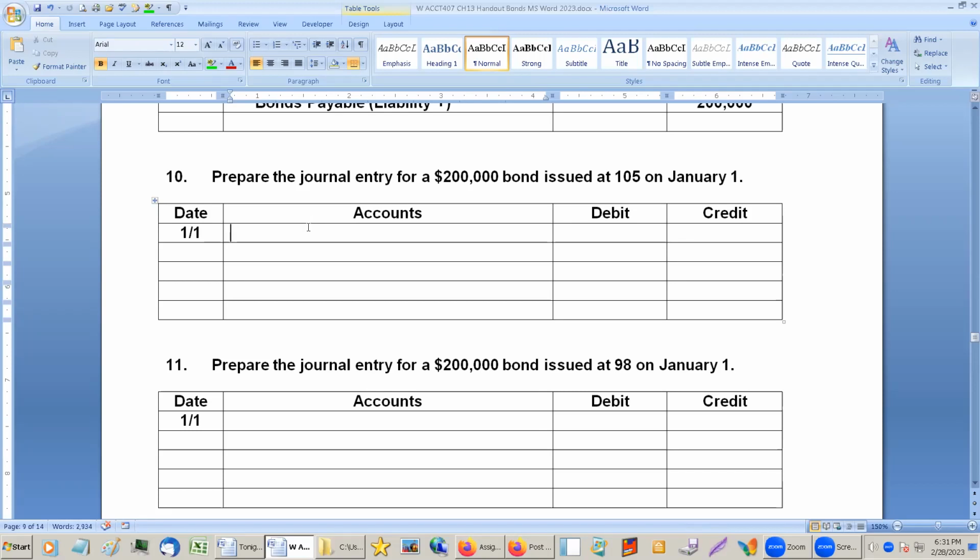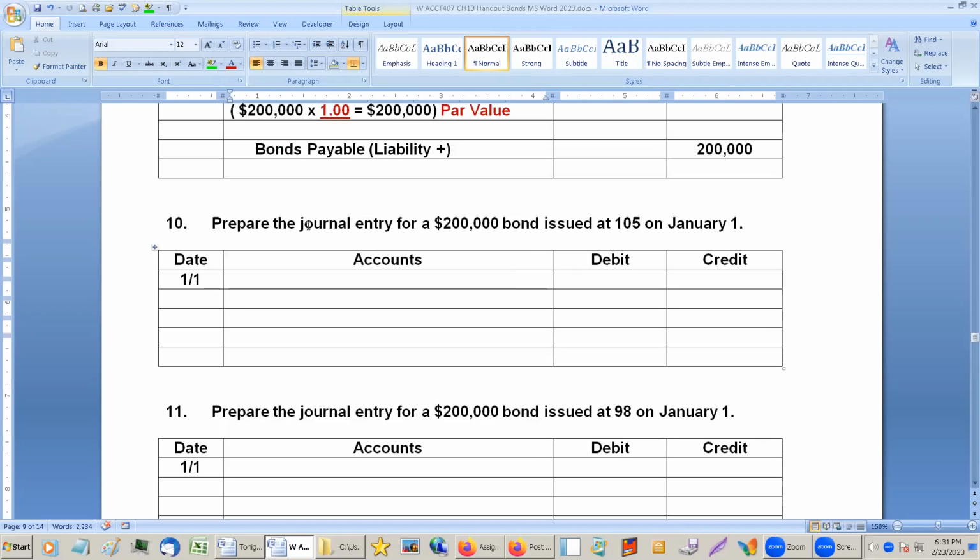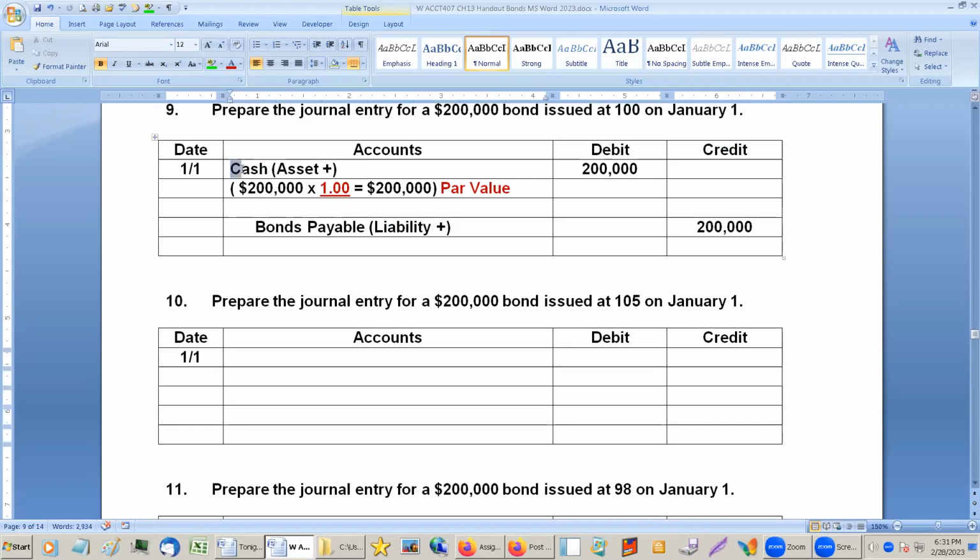Second one: a $200,000 bond issue issued at 105. This is all part of my teaching you to be lazy. I'm going to copy this down. So we sold at 105. So what is that? 10.